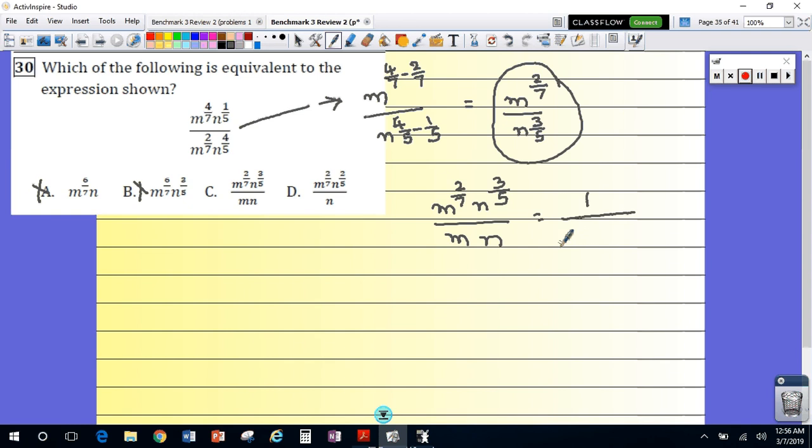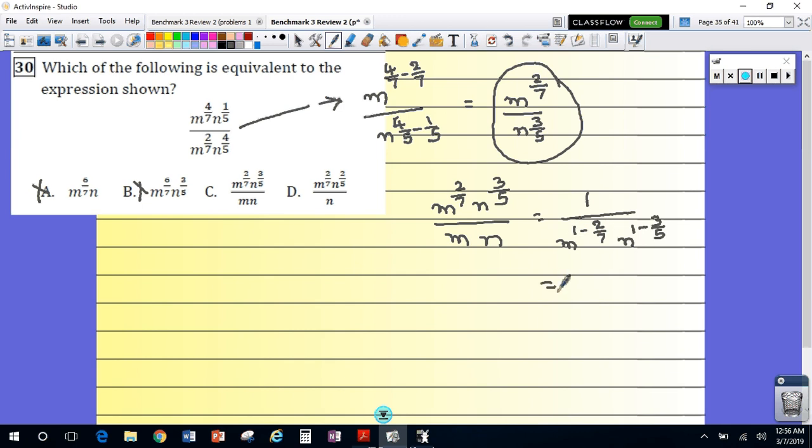So we can write it as 1 over m to the exponent 1 minus 2 over 7, n to the exponent 1 minus 3 over 5.